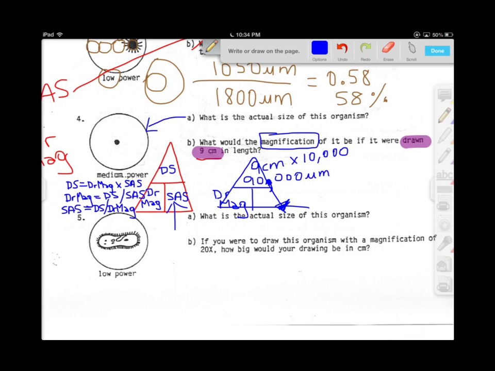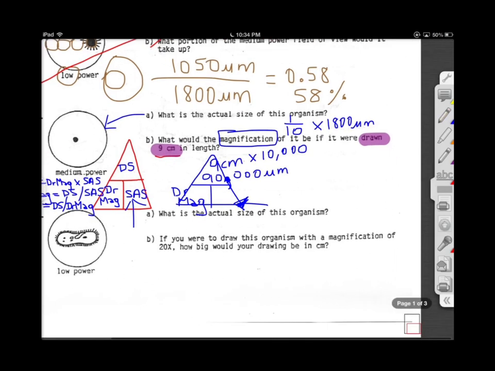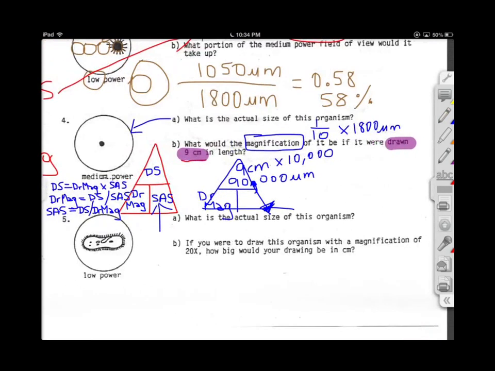But I would say that 10 of these little guys would go across the field diameter. So if I took 1/10 times medium power, 1800 micrometers, then I probably am pretty safe. Let's push that in.